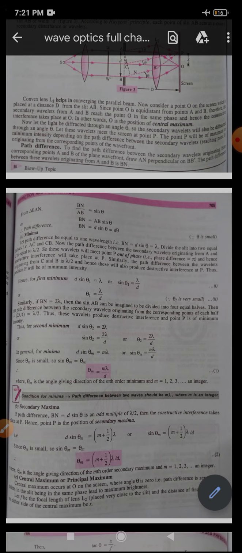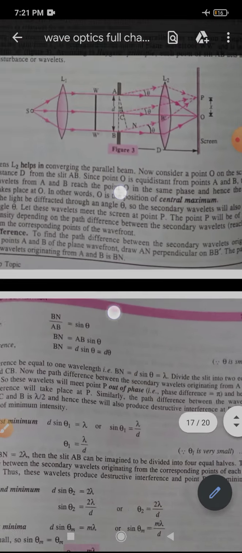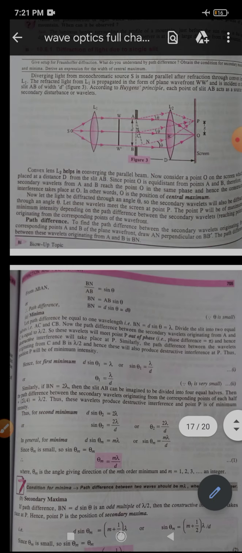This BN is an extra path covered by the rays coming from point B. So from triangle BAN, we have BN by AB is equal to sin theta, or BN is equal to AB sin theta.